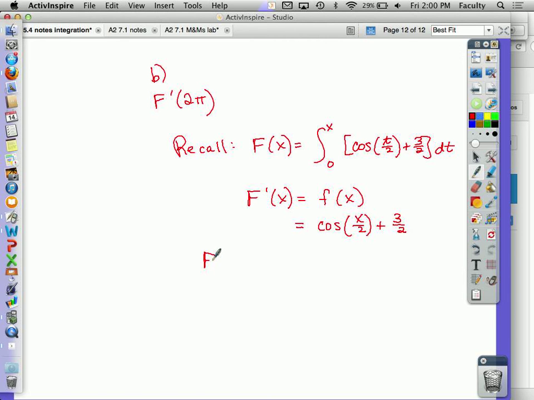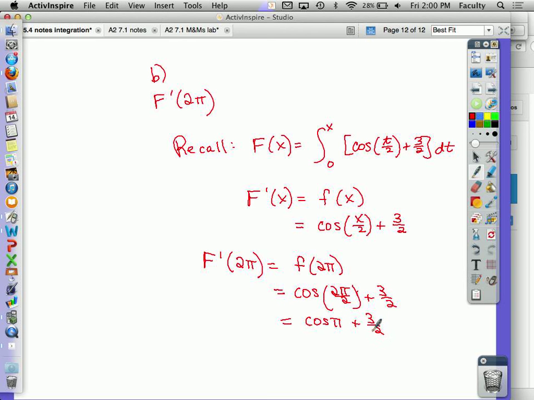So, if I want f prime of 2 pi, this will be f of 2 pi. So that's the cosine of 2 pi over 2 plus 3 halves. That's the cosine of pi. And we know the cosine of pi is negative 1. So the answer for letter B was 1/2.